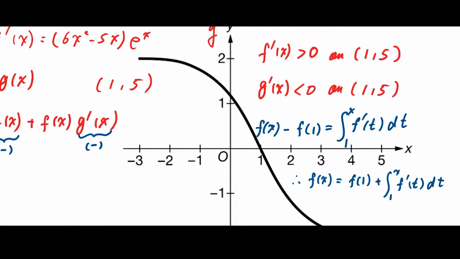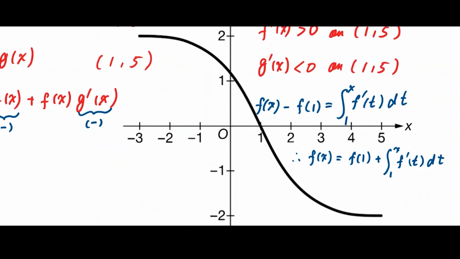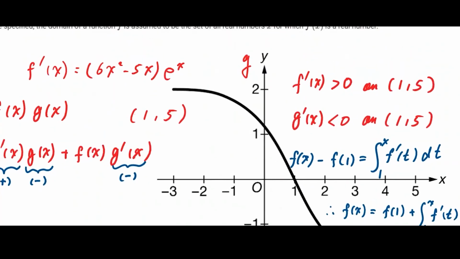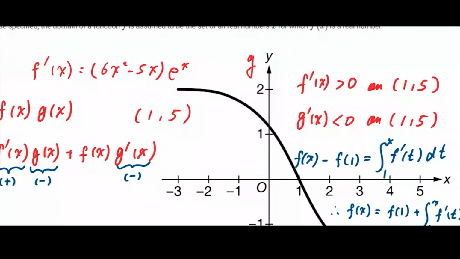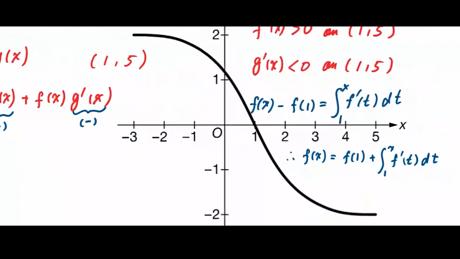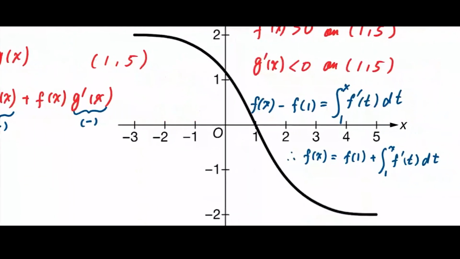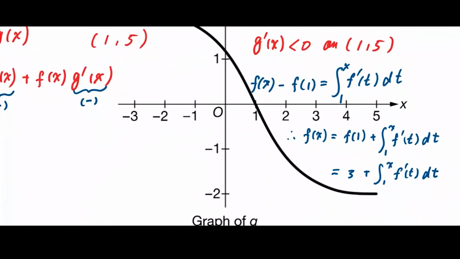So far, so good. Now, let's say this is positive already, right? This is 3. So I'm going to plug in 3 now. So what we have is 3 plus some kind of integral function, f prime of t dt. So far, so good. But now we can say f prime of x is positive, right?